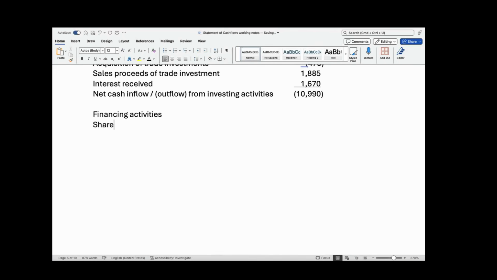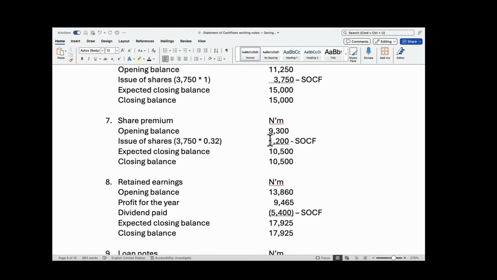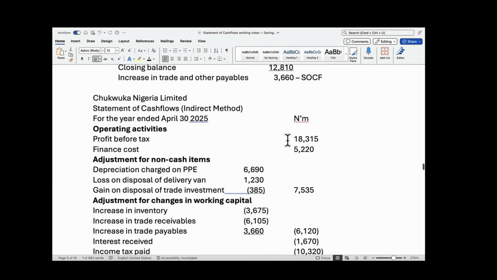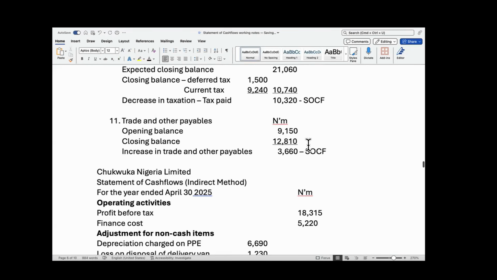Share capital 3,750. And there is share premium. How much is the share premium? 1,200.